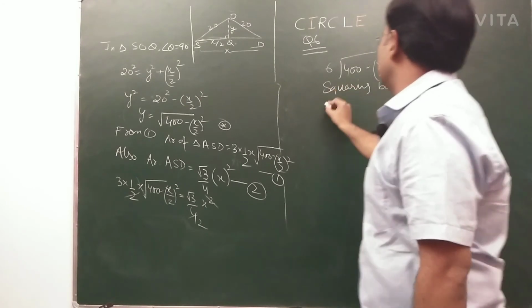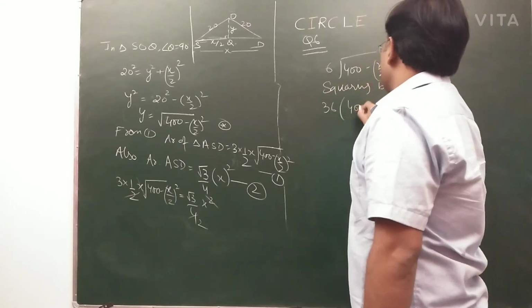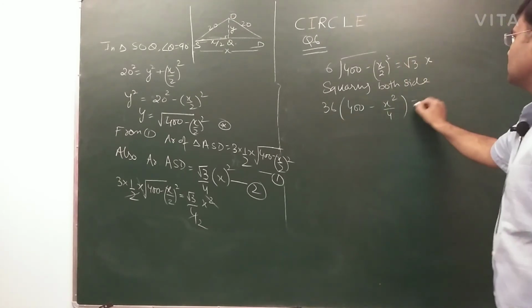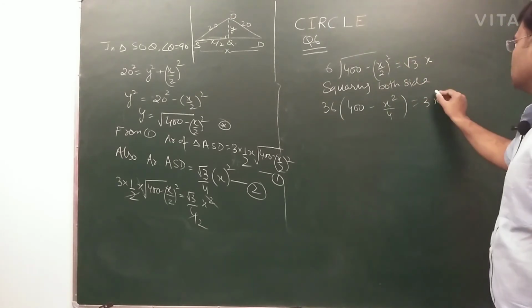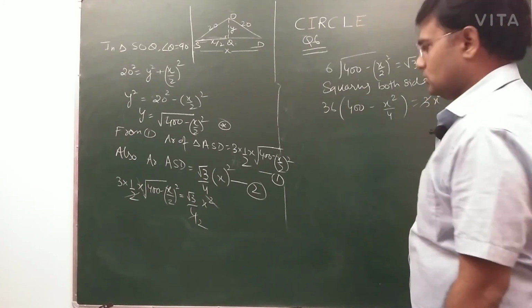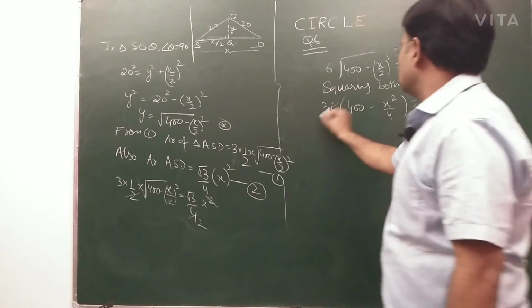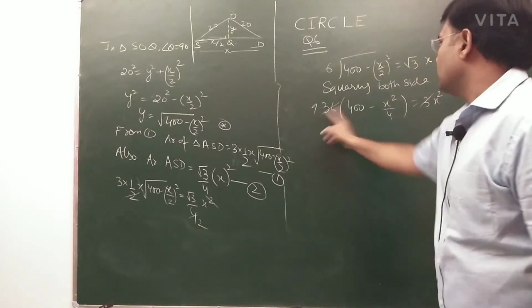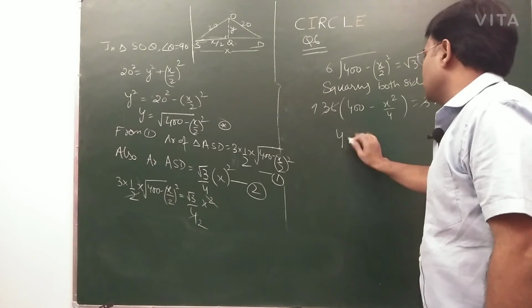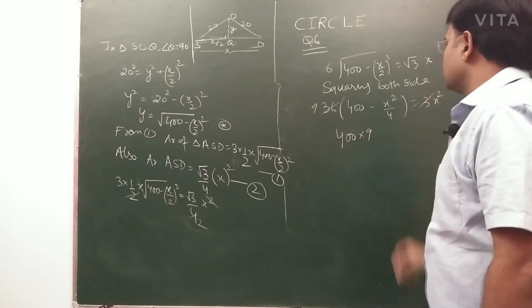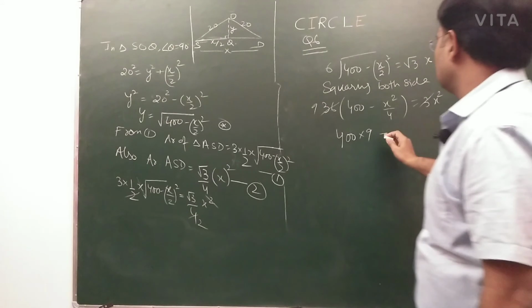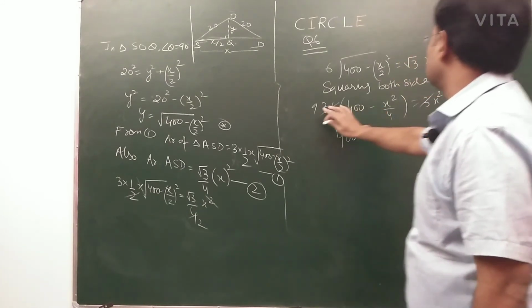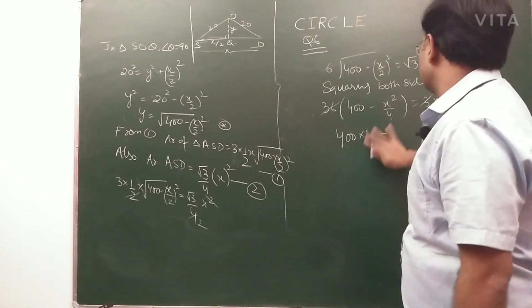Now you get 36 into 400 minus x square by 4 equals 3x square. 3 you can cancel by this, so this is 12.